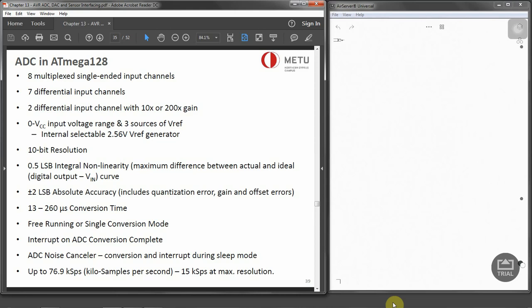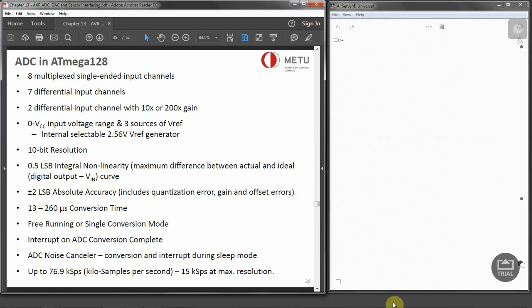So we have got 2 modes in ATmega for ADC. One of them is the free running, another one is the single conversion mode, which we are going to see as well. And also we can use interrupts with the analog to digital converter. So whenever the conversion is complete, it can raise a flag and say, okay, I'm done with the conversion.